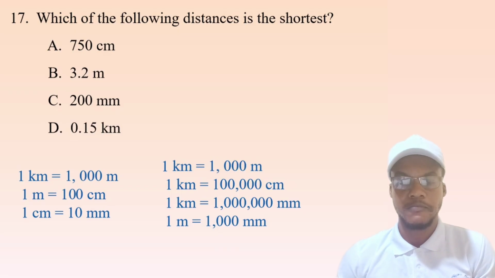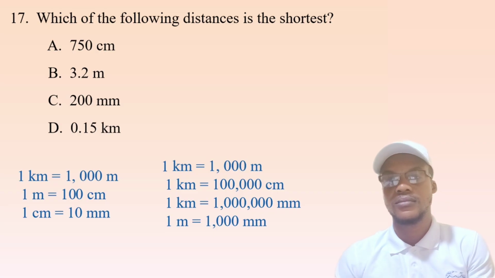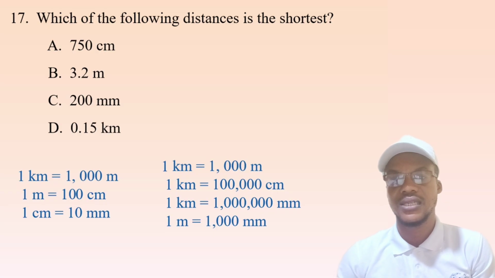So we can convert either to the smallest or to the biggest. Once we know that millimeters is the smallest, then we can convert to that. Let's convert the first one, which is 750 centimeters, to millimeters. Remember, we have been through the conversions.